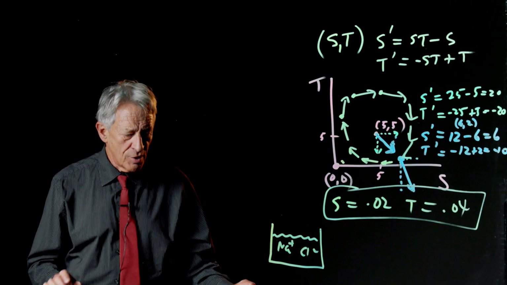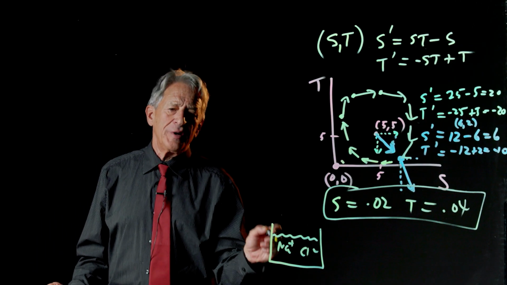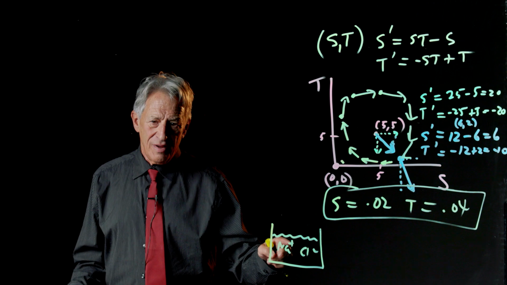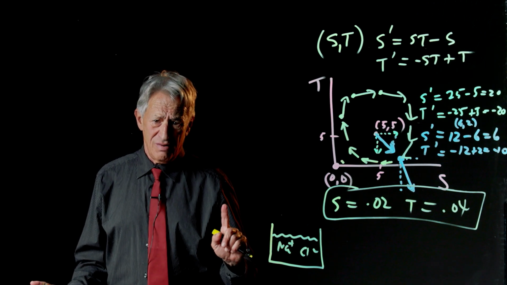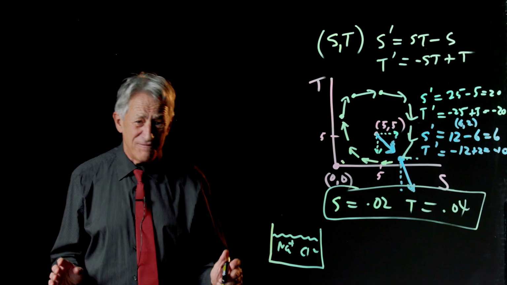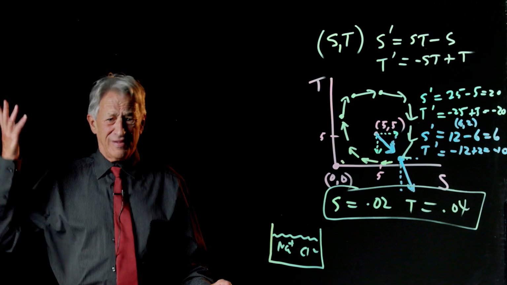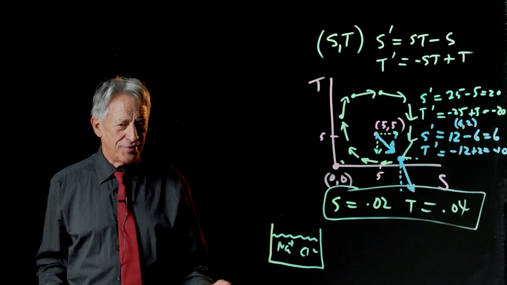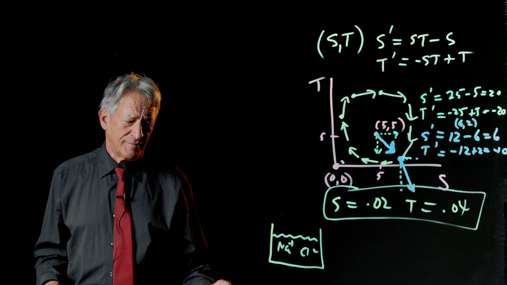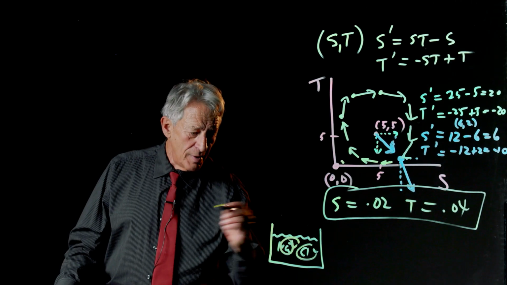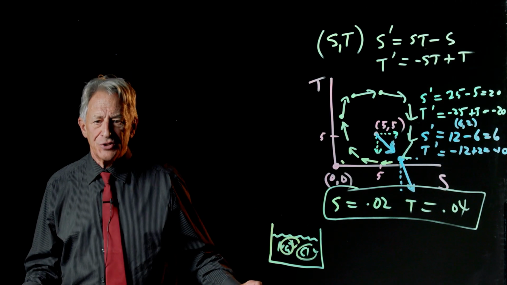But remember that the number of sodium ions in a milliliter of solution is an integer. And the number of chloride ions is an integer. It's a very large integer. It's like 10 to the 23rd, but it's not 10 to the 23rd and a half, because these are whole objects and they are represented as integers.